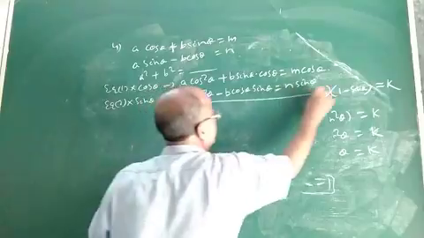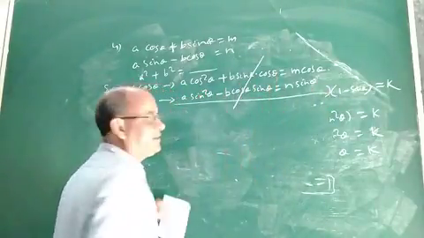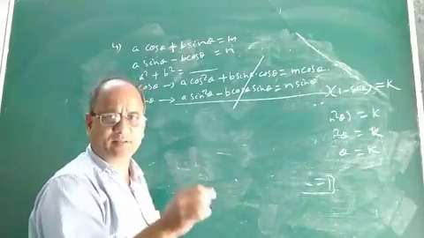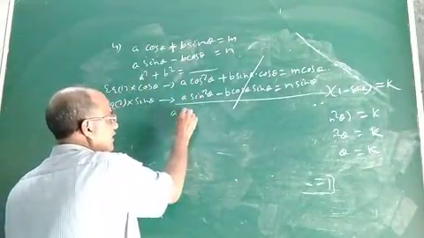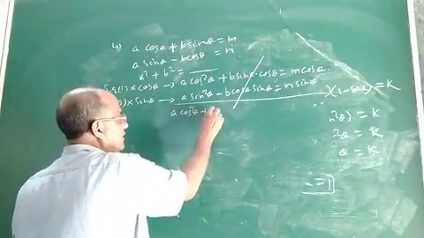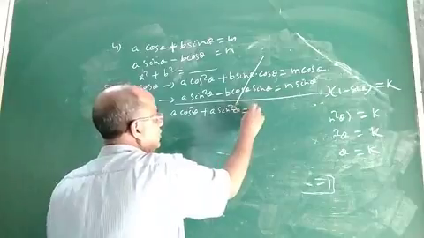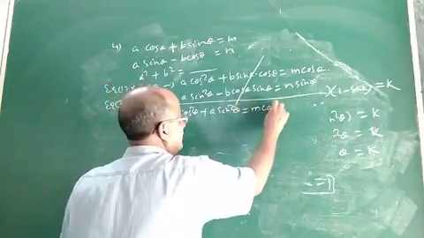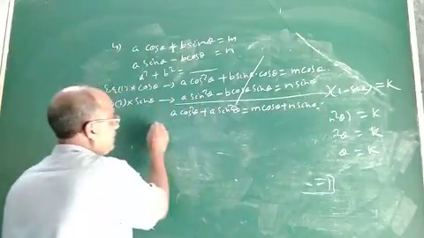Now you add these two equations. See, b sin theta cos theta minus b sin theta cos theta will become 0. That means b is eliminated. Now you add the two. So it is a cos square theta plus a sin square theta equal to m cos theta plus n sin theta. Okay. Now what is the next step?